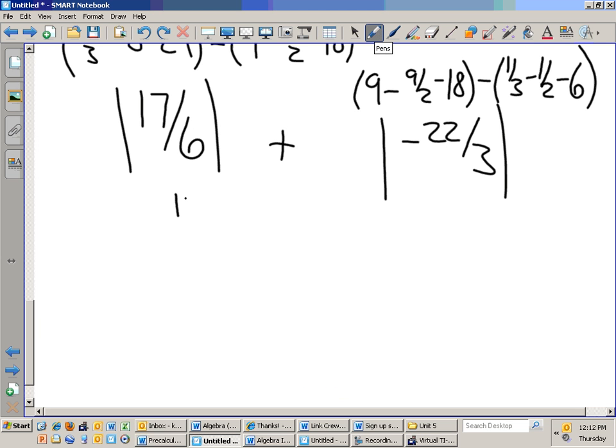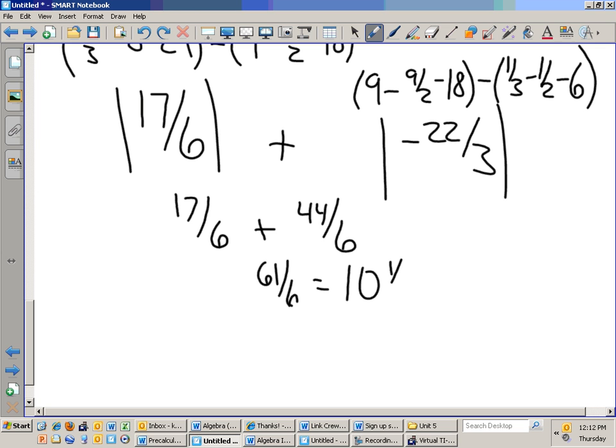So if I do that, I have 17 over 6 plus 44 over 6, which is 54 plus 7, 61 over 6, which is equal to 10 1/6. Okay? And that's, yep, that's what your book has. Well, yeah, but the idea is that you have a broken integral. You have to break it up into two pieces.